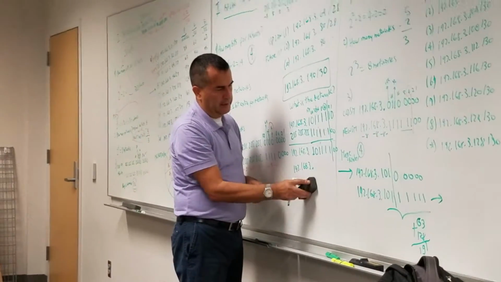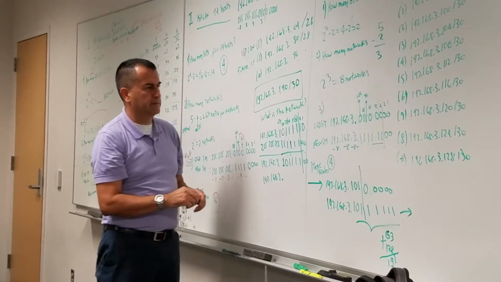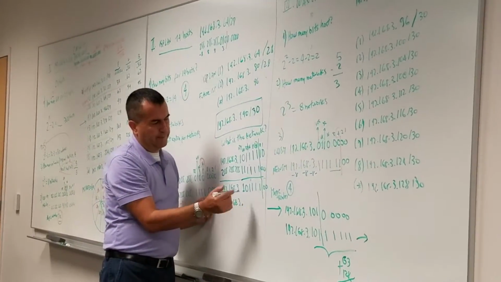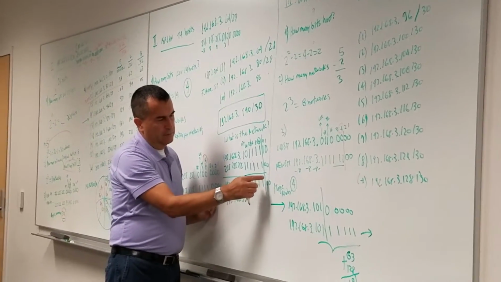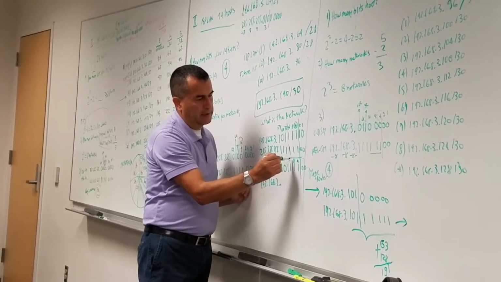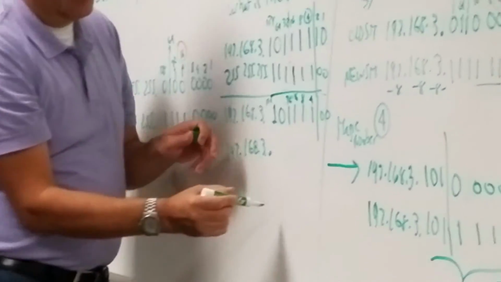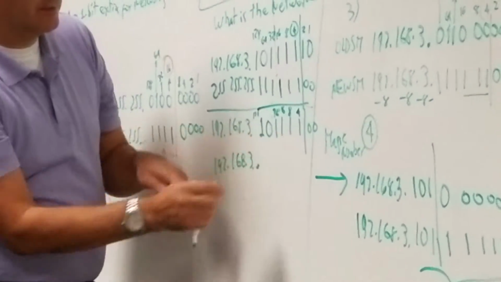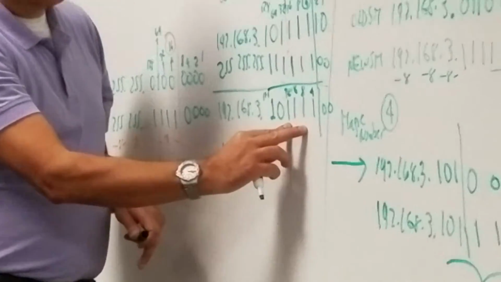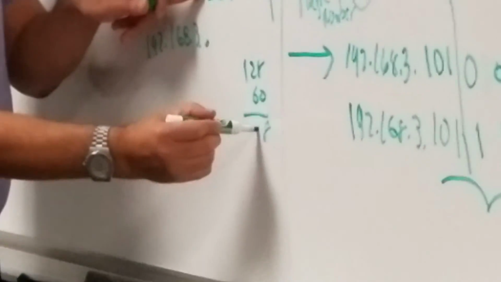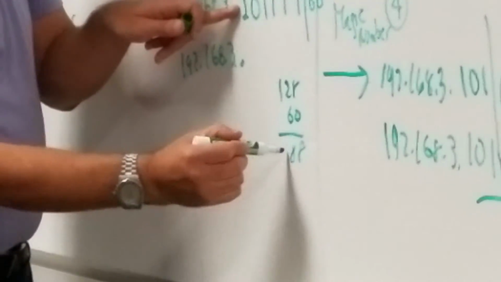So my network ID is going to be, what's this number? 1, 2, 4, 8, 16, 32, 64, 128. So this is 40, this is 60, 128 plus 60, 188.